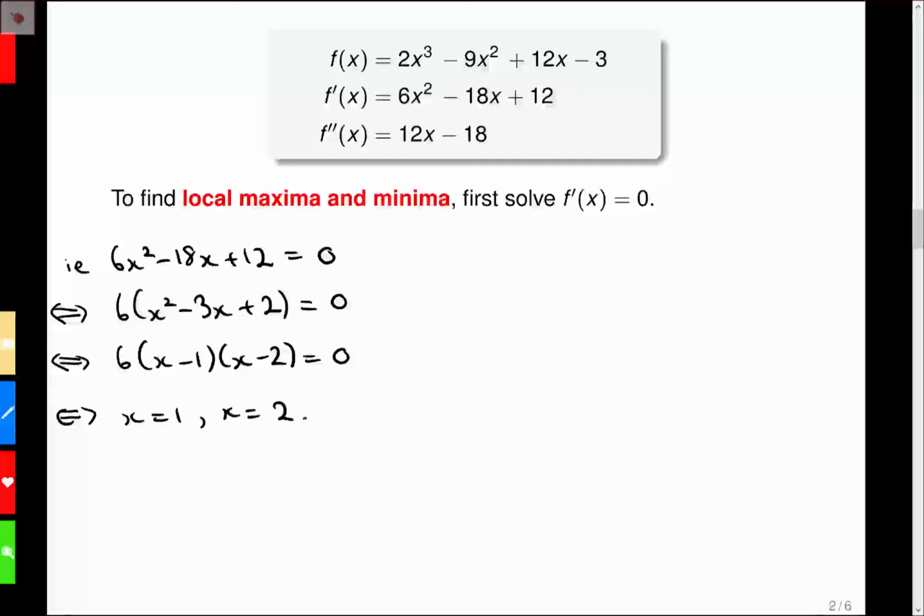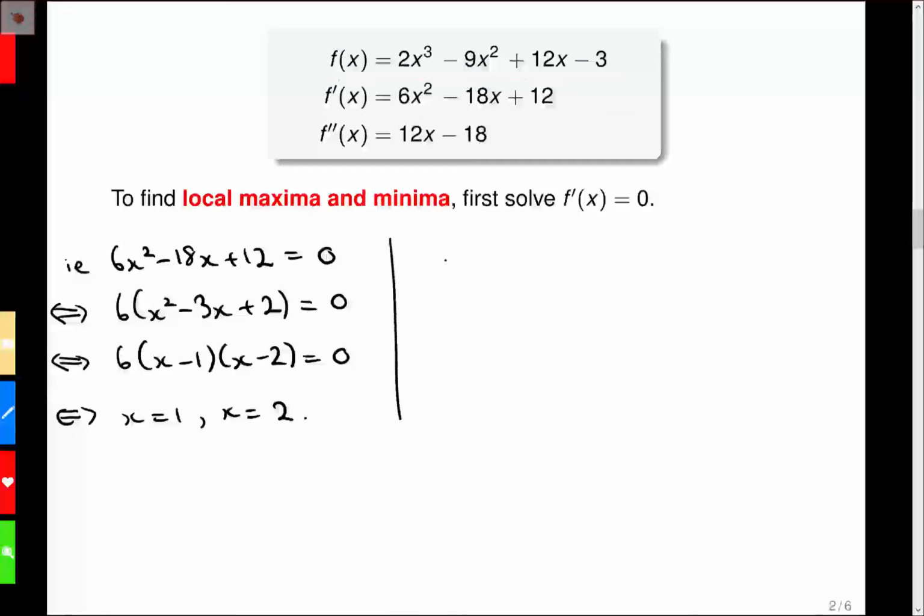In other words, we have found the x values of our possible turning points. However, we also need to find the corresponding y values if we are to plot them. To do this, we take turns substituting these x values back into the original equation.